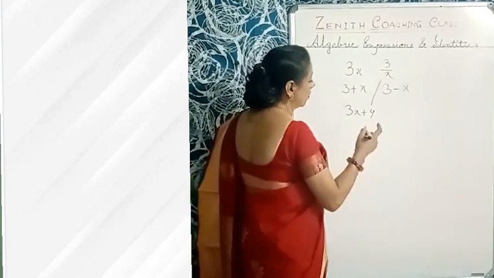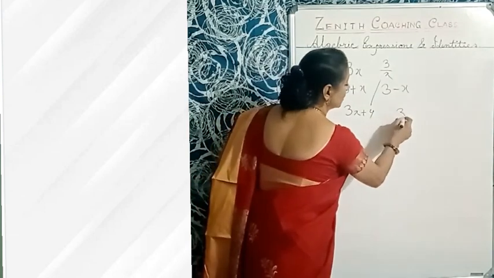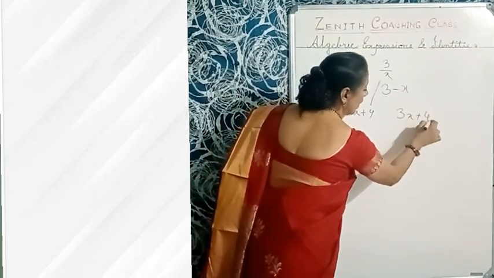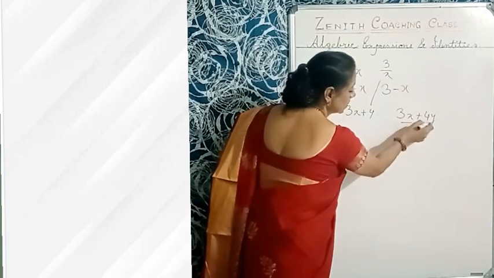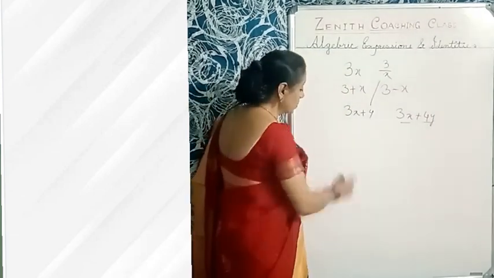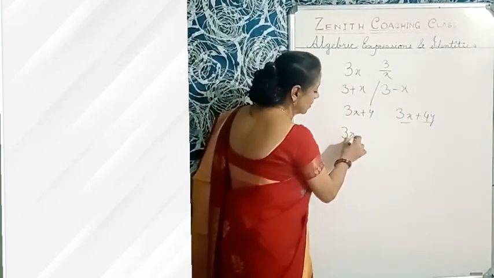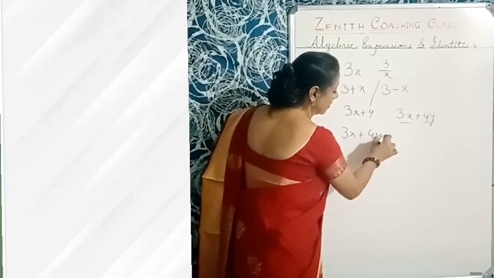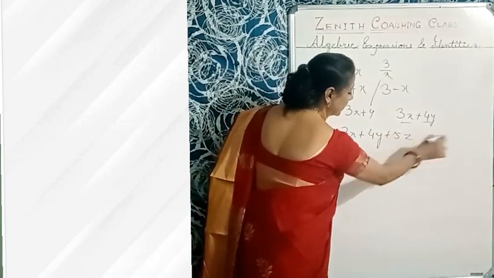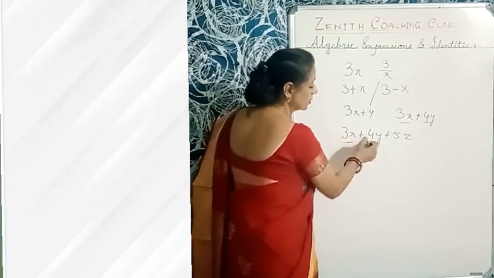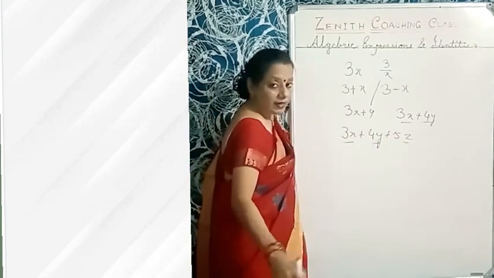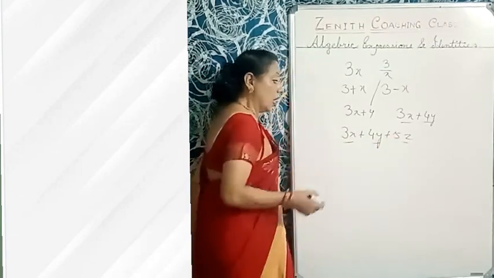Now 3x plus 4y has 2 terms, so it is a binomial. A trinomial is 3x plus 4y plus 5z: 1, 2, 3, 3 terms are there. That is called a trinomial.